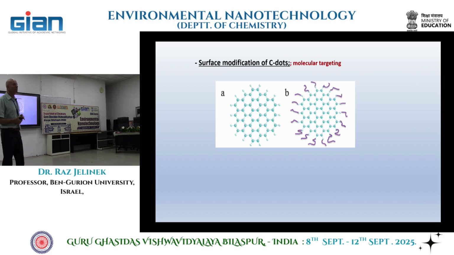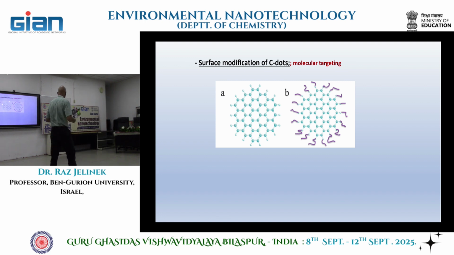Now, the interesting thing about carbon dots is that it's very easy to control the surface of the carbon dots. We can actually put on the surface or generate on the surface various different chemical groups. And by doing that, we can have the carbon dots go into specific locations and into specific cells.